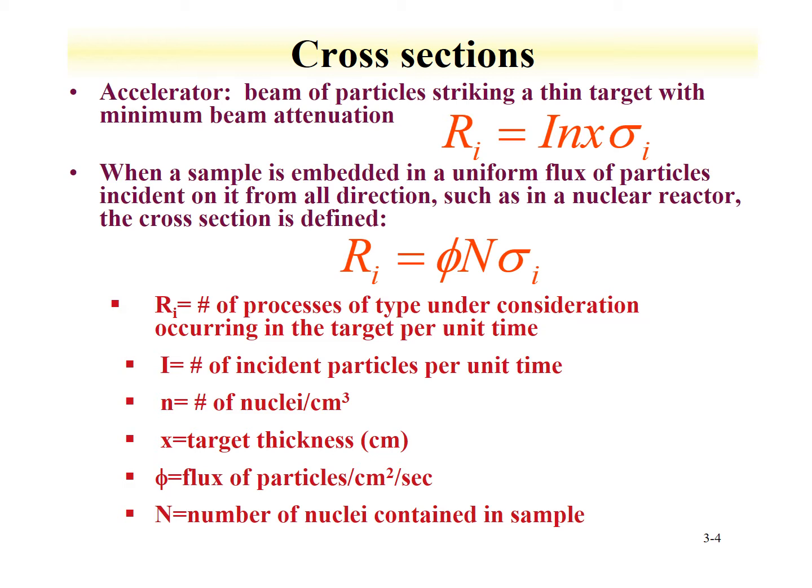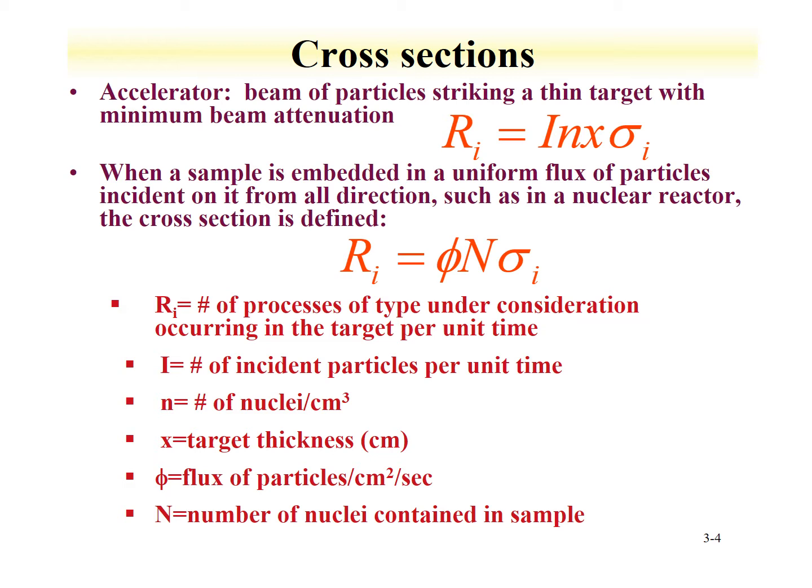We'll explain this in more detail when we discuss those different reactions. But there are also cross-sections for accelerator reactions. In an accelerator reaction, a beam of particles strikes a thin target with minimum beam attenuation, so the energy loss as the beam travels through the target can be neglected for this equation to be valid.